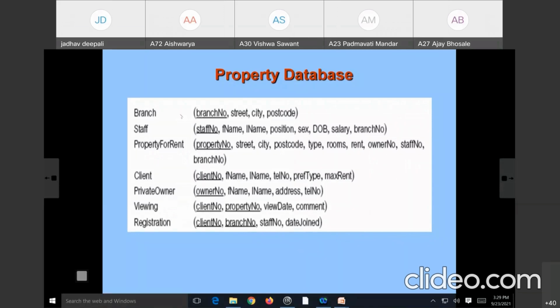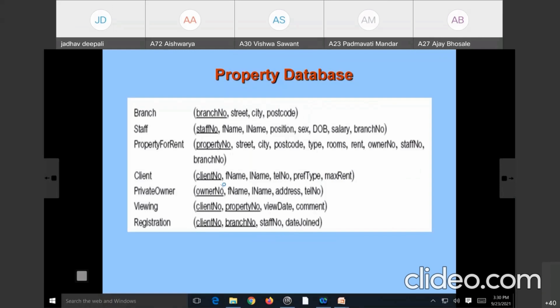So, branch with branch number, the property database. What is this database? The simple concept behind the database is that there are some properties which are registered for the branch. The purpose of that company is to collect data from the owners about the properties that they want to give on rent.